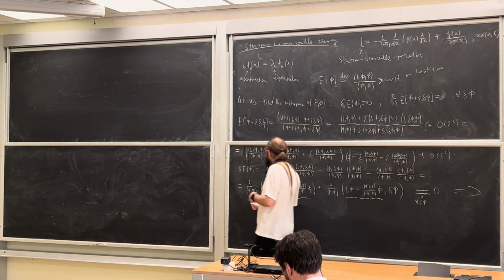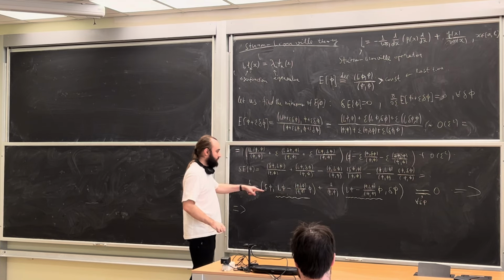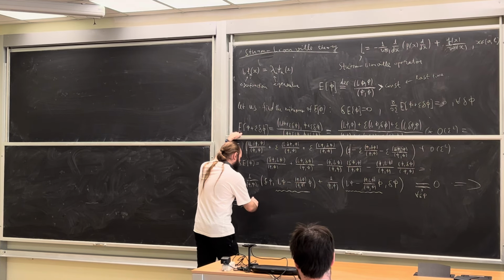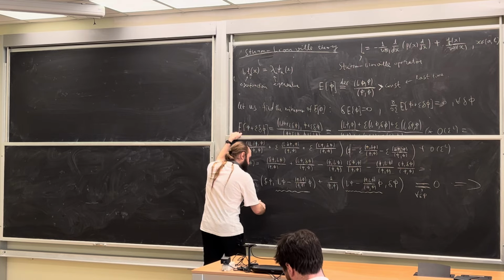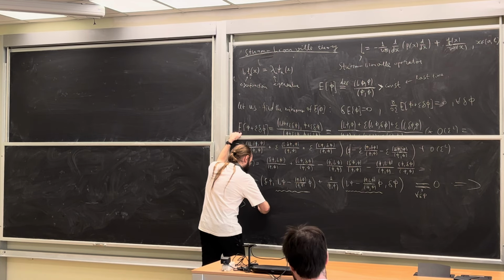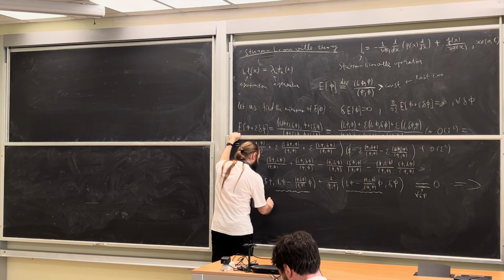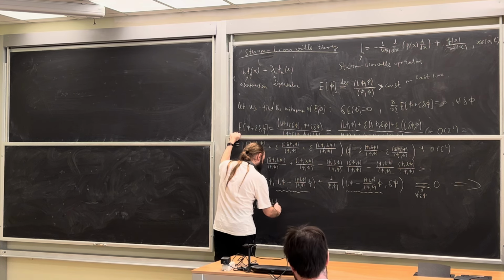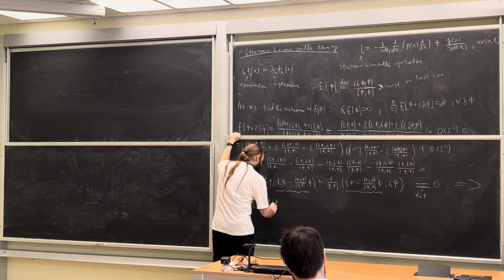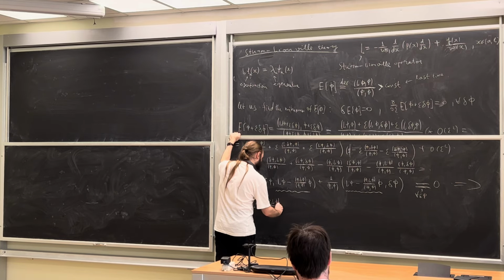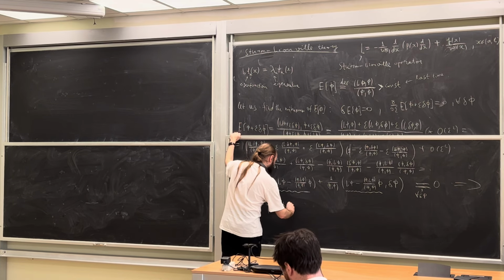So therefore, we should have that L phi minus phi L phi over phi equals 0.